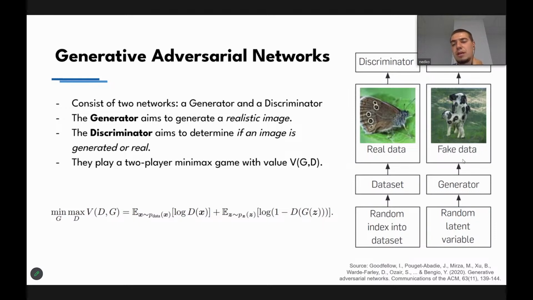So the better the discriminator becomes, the better the generator becomes at generating realistic data, because the gradients flow from the discriminator to the generator. And what is important is we have this function here that the discriminator is maximizing while the generator is minimizing. So they're playing this game where they will converge to something in the middle, and then there will be the optimum.